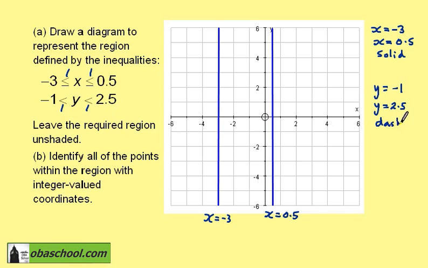So we need to draw two dashed lines. Y equals -1 is a horizontal line through -1. Y equals 2.5 is a horizontal line through 2.5. We should, of course, label the lines.